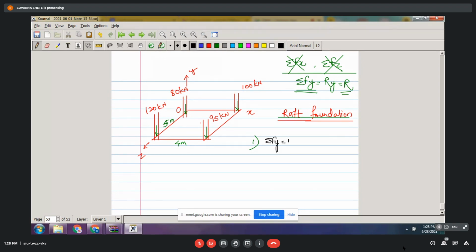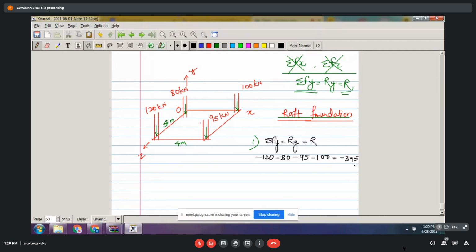Summation Fy is equal to Ry, which is equal to R. So it will be minus 120, minus 80, minus 95 and minus 100. Right? Tell me what value comes, in total? Minus 395.